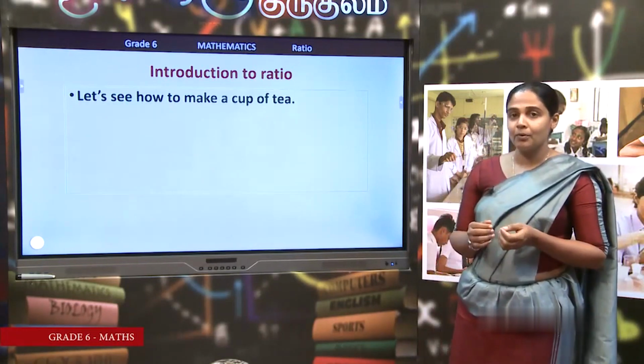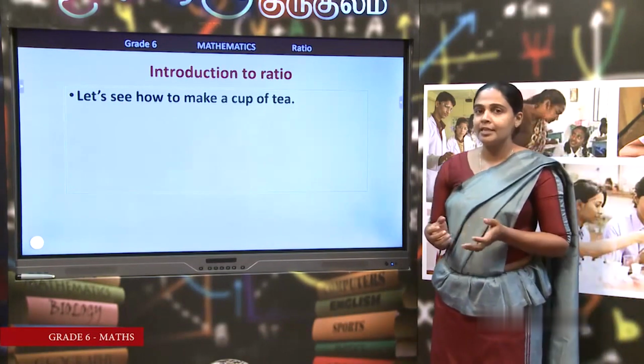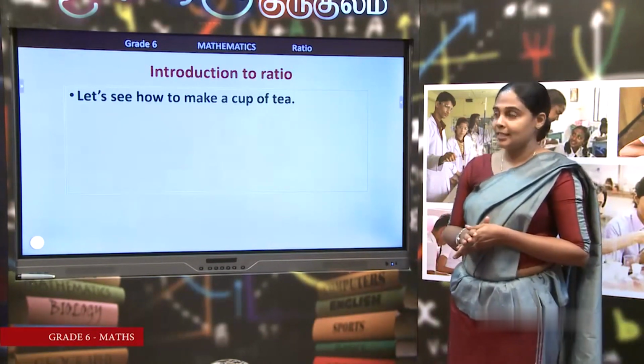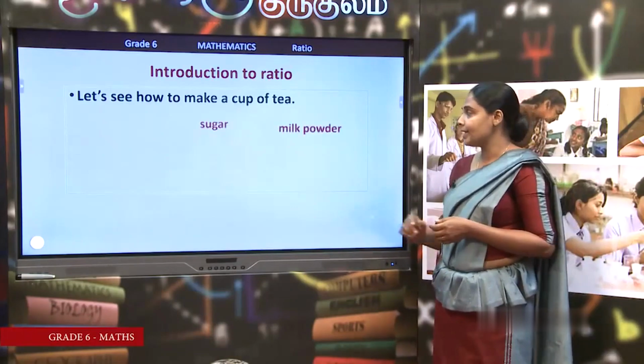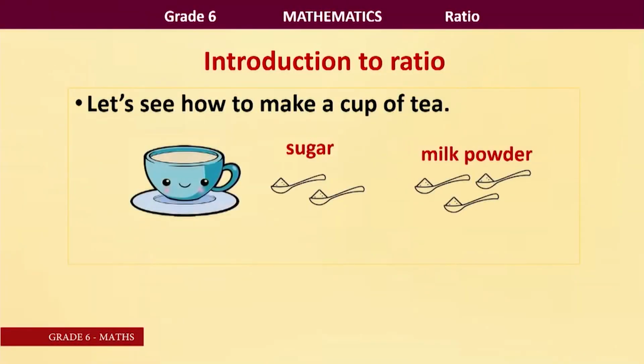First of all, you want hot water with tea or coffee. And what are other ingredients? They are sugar and milk powder. Then how we can add them? If you don't know how to make a cup of tea, then you can ask your mother.